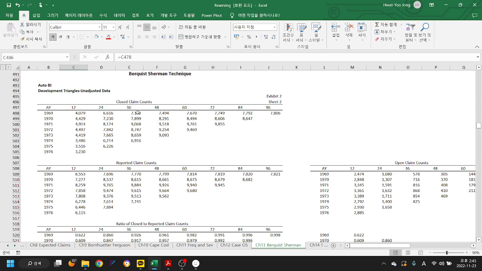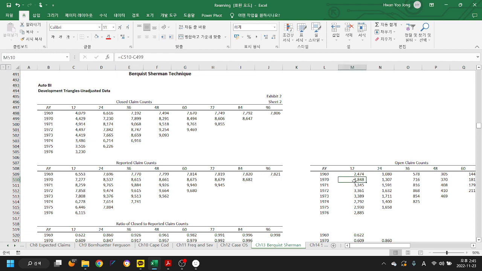Because it is a closed claim count, I can create the closed claim count development triangle on a cumulative basis. And I'm also given the reported claim count, which is the cumulative closed claim count plus open claim count.